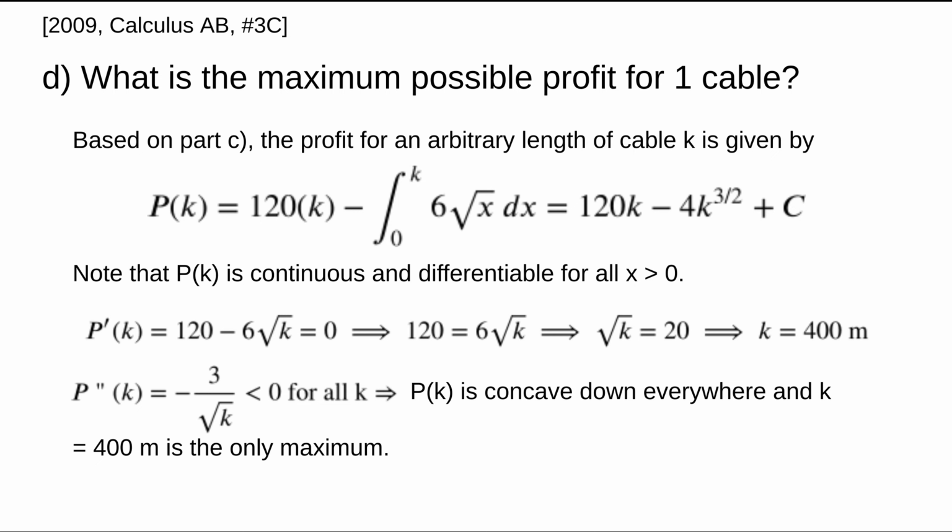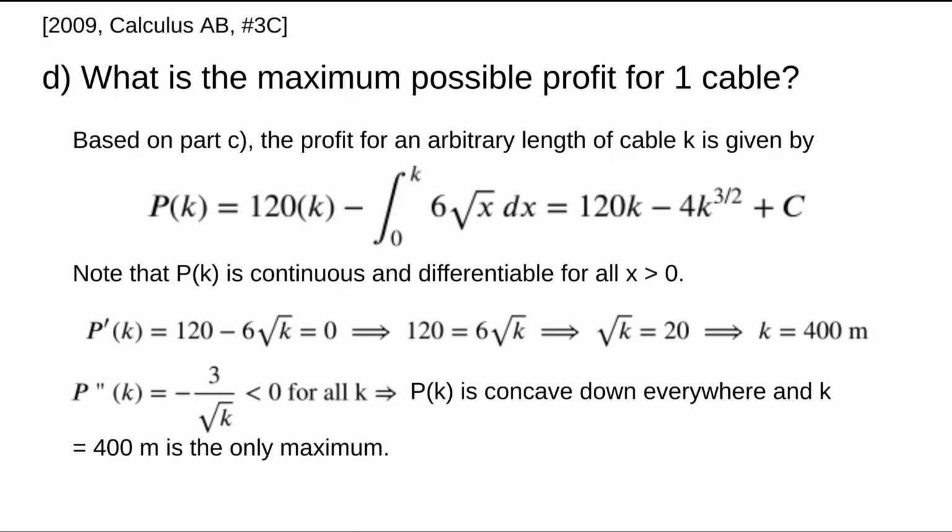This expression for all positive values of K is going to evaluate to a negative number, which means that our P function is concave down everywhere, which means this value at 400 has to be a maximum. It's going to be the only one. It's not going to happen at 0. There's nothing in the work that says there's going to be a bound greater than 400.